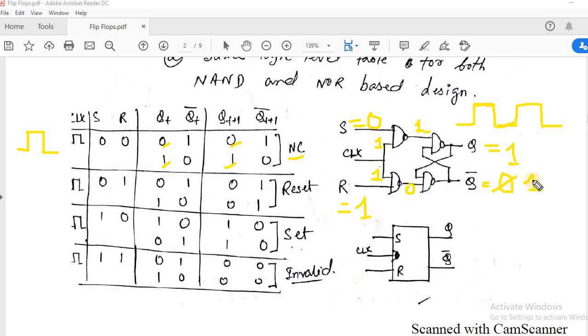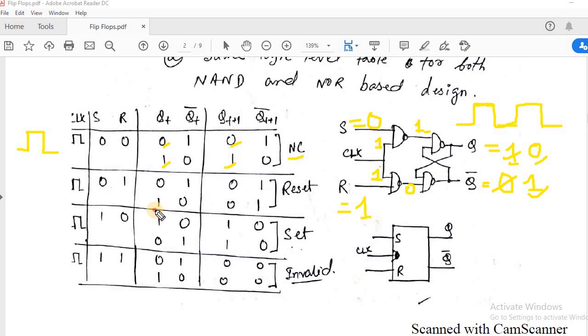Since the output has changed to 1, I have to repeat the operation again. Now this 1 will come here. So 1 1, the output will be 0. Now this output is 0, so the 0 comes here, 0 0, this becomes 1. So if I set S equal to 0 and R equal to 1, and the present output is 1, then the next output will be 0.